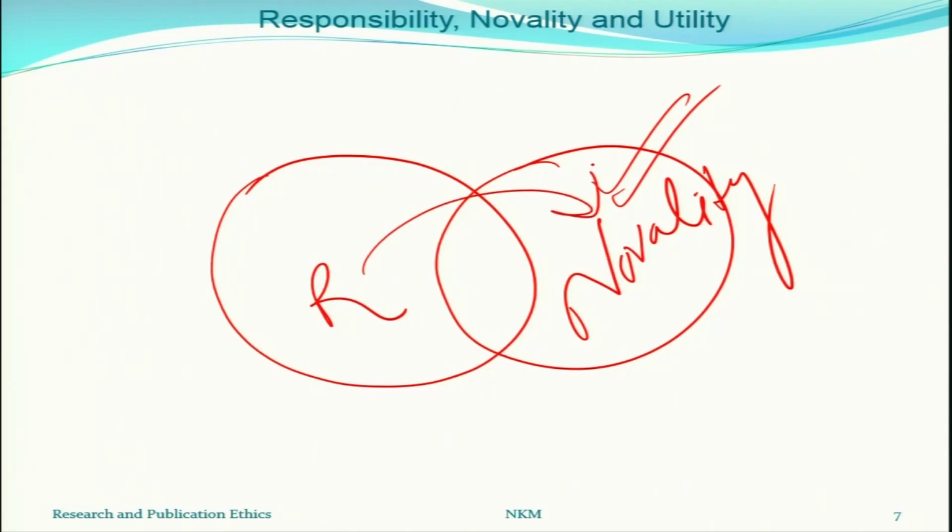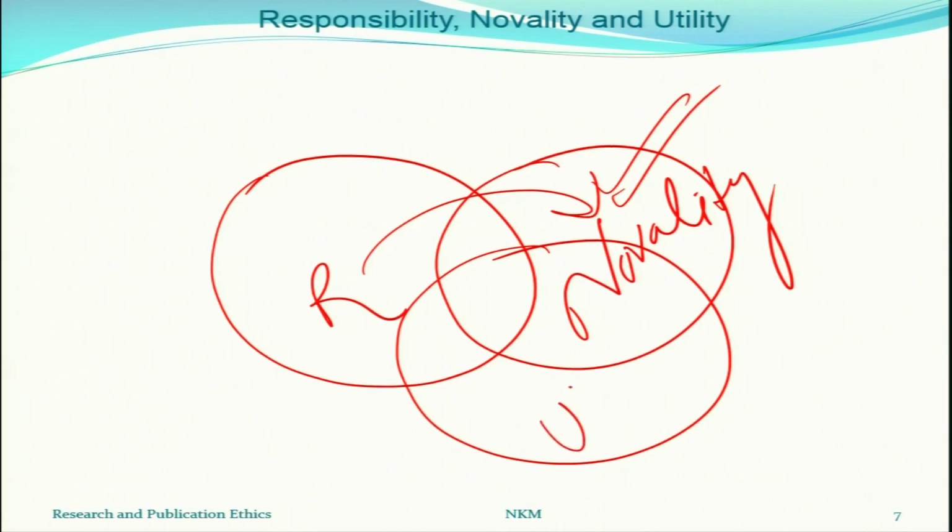So novelty is a very genuine factor that should be present in the researcher. We should work for novelty. With a responsible research attitude, it develops a kind of novelty in the researcher. Then we have to understand the third point, which is also very important, that is utility.